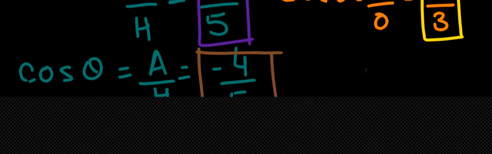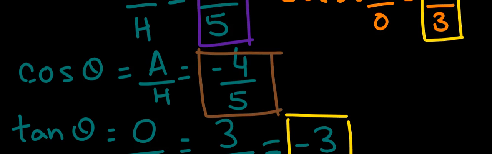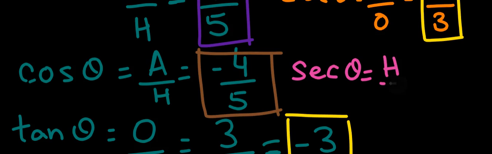And the reciprocal of cos theta is secant theta. So I'm going to write secant theta equals, let's flip. So hypotenuse over adjacent, flip the fraction, that's going to be 5 over -4.